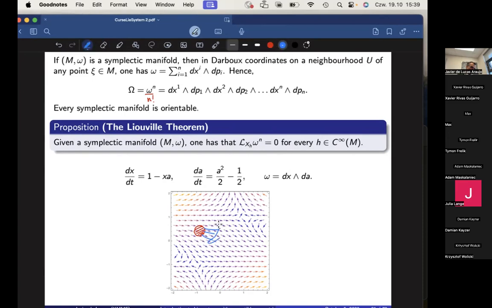It can be twisted, it can be changed, but at the very end, the final volume of this thing after a while and the original one must remain the same. This is what usually happens with symplectic manifolds: the flow does not change the volume. It can distort it, change its shape, but the volume is always the same.